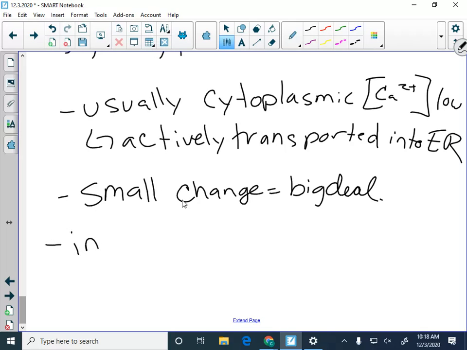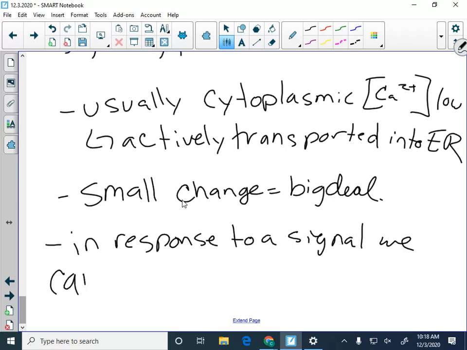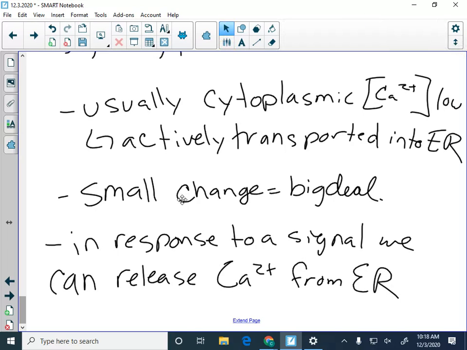So, in response to a signal, I say we, or a cell, can release calcium ions from the endoplasmic reticulum.